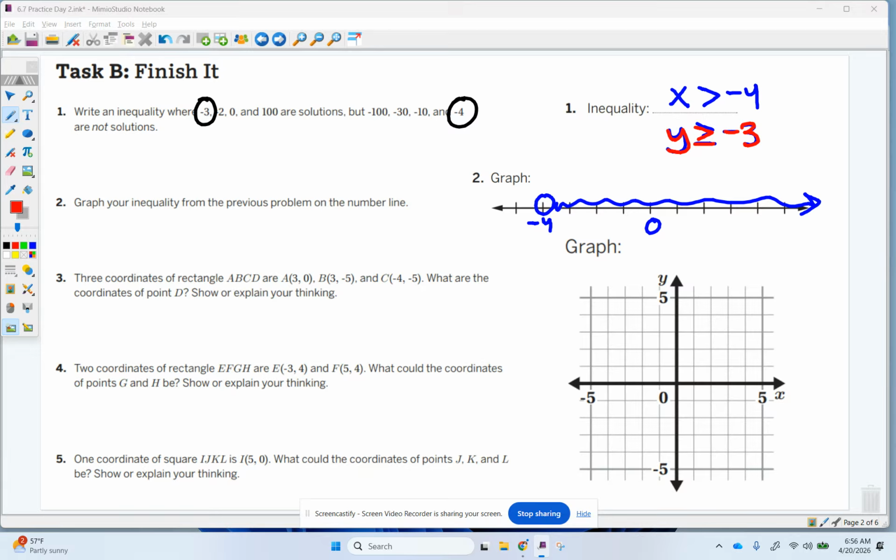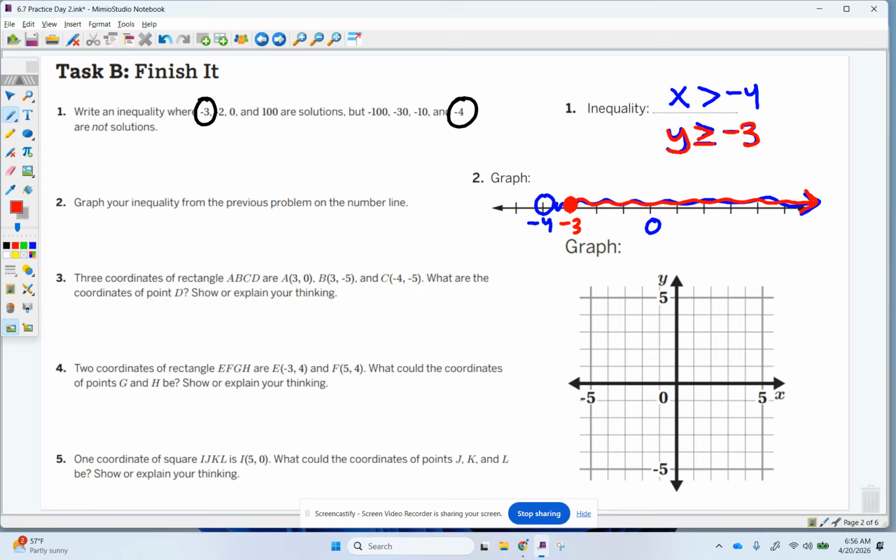And then for the -3 version, I'm going to put a solid circle and then I'm going to shade this way. And so either way, I'm going to shade towards the positive numbers. But because -3 is a possibility, but -4 is not, those are probably the 2 most common. You can get into decimals and fractions just the same.